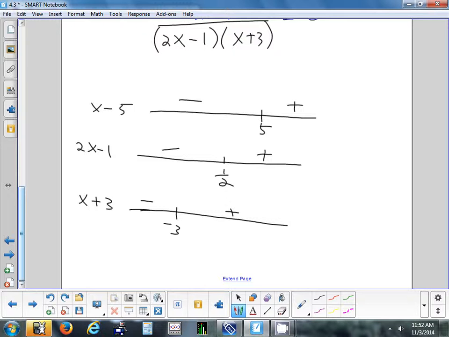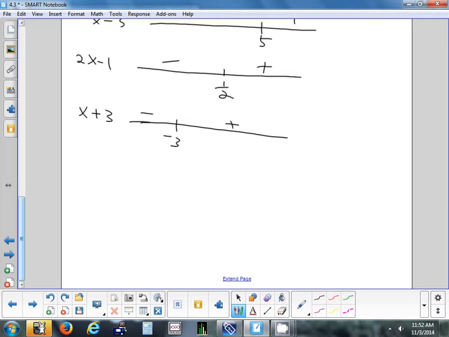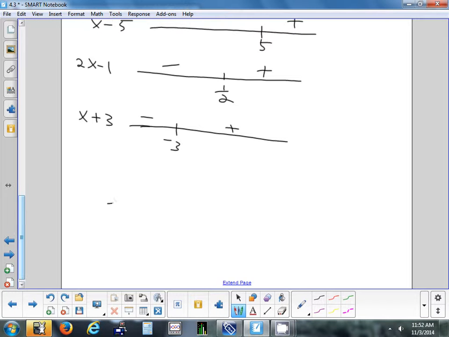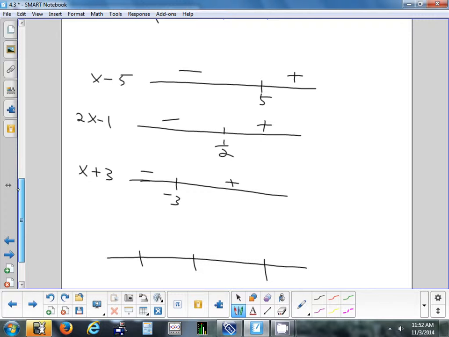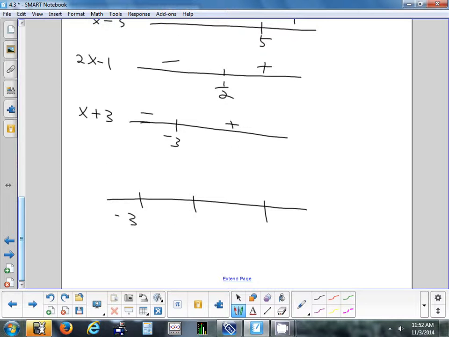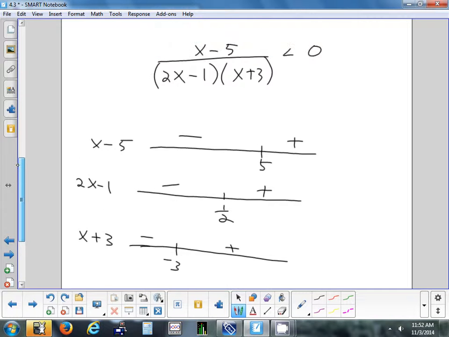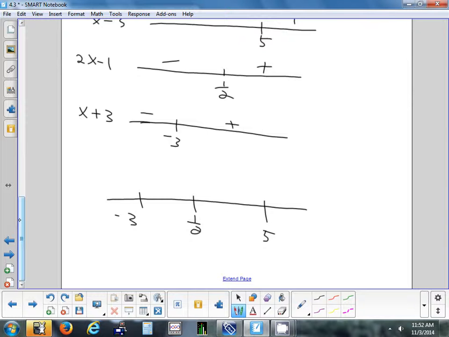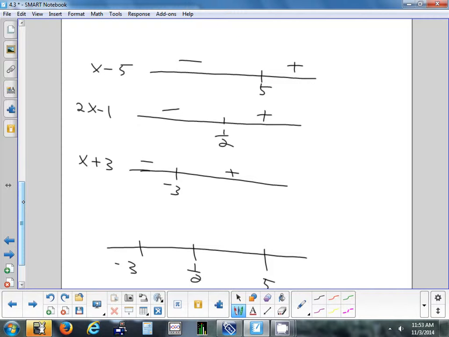And now we can take those three sign charts, put them together to make our final sign chart, which is going to have all three roots on the same line. Negative 3, 1/2, and 5. Okay, first let's look at what happens if we plug in numbers less than negative 3 into each one of those sign charts.